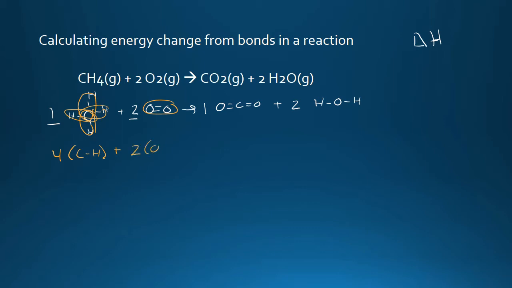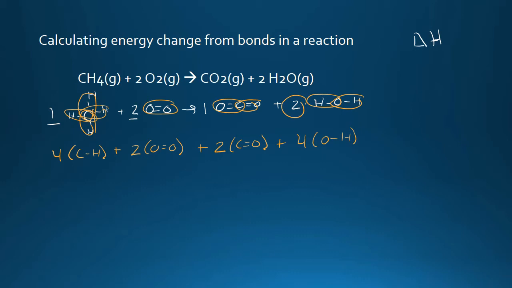So we have 2 O double bond O. And then if we look at carbon dioxide, we have 1, 2. So we have 2 C double bond O. And then let's look at water. So we have 2 OH bonds in water. We have 2 waters present. So we have a total of 4 OH bonds.